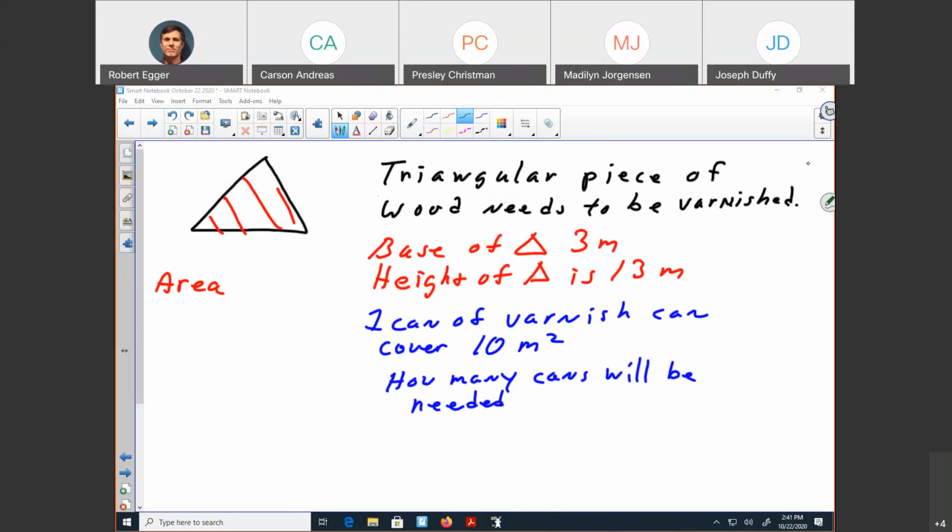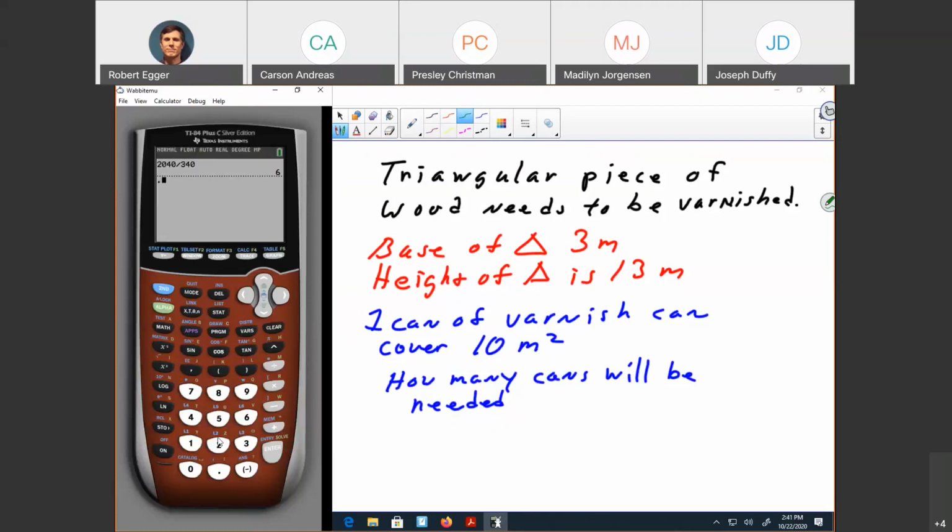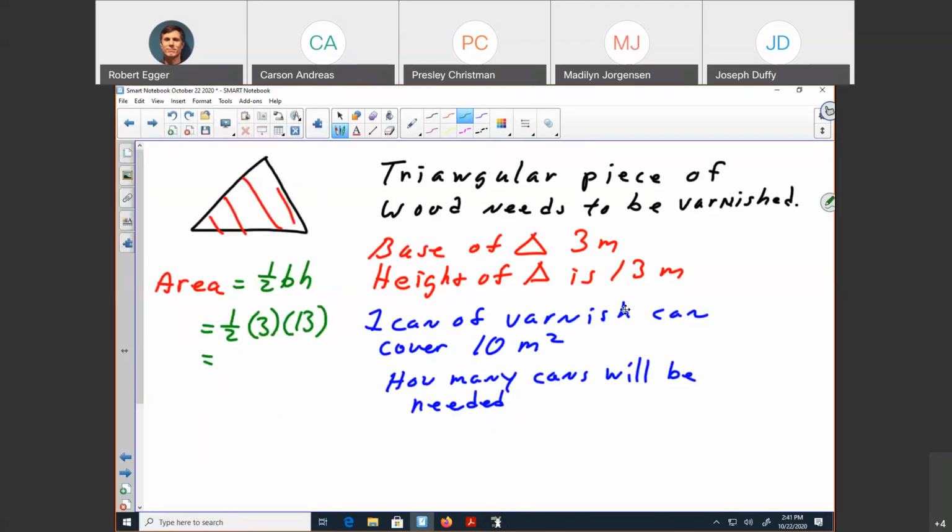Like I said, first I need area. Of course, that's 1/2 base times height, and I have that. 1/2 times 3 meters by 13 meters, which is 0.5 times 3 times 13. That's 19.5 meters squared.